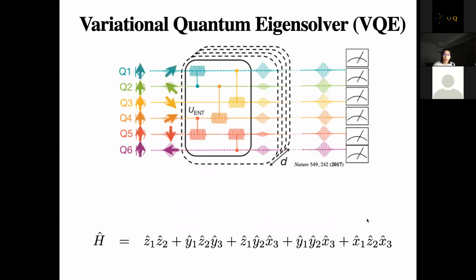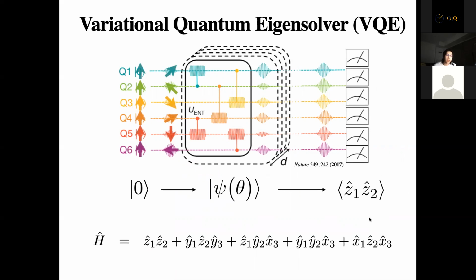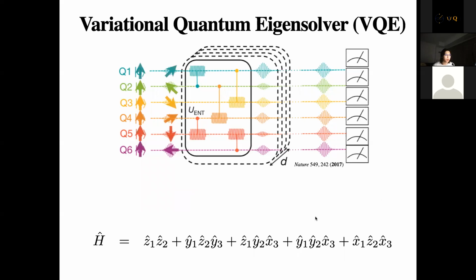So in the variational quantum eigensolver, what you'll have to do is prepare your wave function and measure the first term of your Hamiltonian, Z1, Z2 in this case. Then, because you have collapsed your wave function, to measure the second term, Y1, Z2, Y3, you'll have to prepare the wave function all over again.